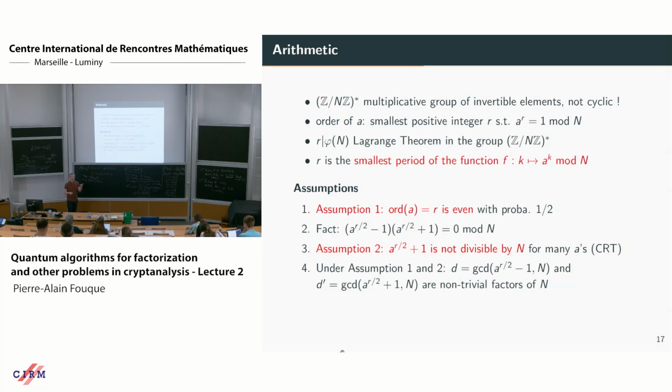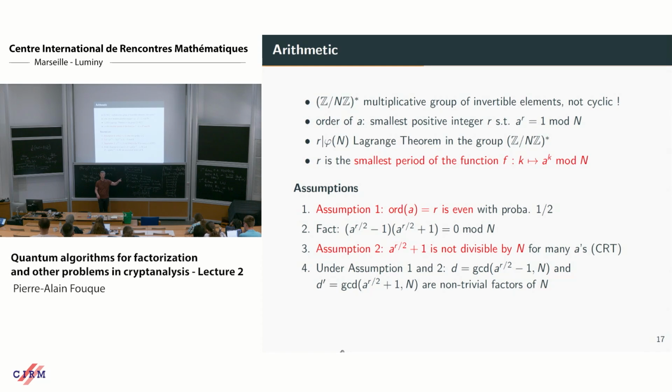And you will see that if I have two different factors, I can have 4 different square roots, and 2 of them will be helpful for me to factor. And if I have more factors, the probability to find a non-trivial root of unity will be higher. Okay, because here I have only 2 different factors. But if I have 3, for instance, I can have 1, 1, 1, it will be the trivial solution.